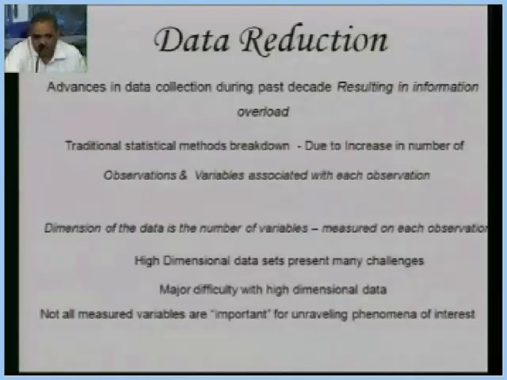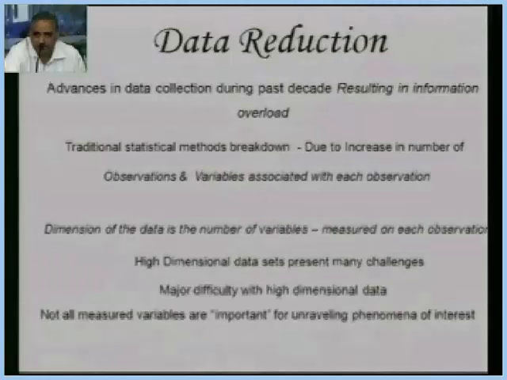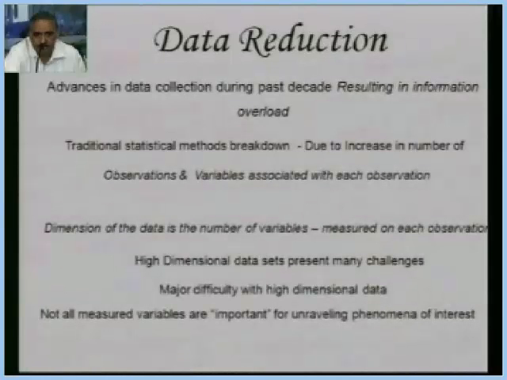When you have an image, you may not be interested in knowing everything in the image. You may be looking for some specific information. All the variables, or the bands, may not be contributing equally in extracting that piece of important information. So we need to handle that situation efficiently. Therein comes the data reduction component.